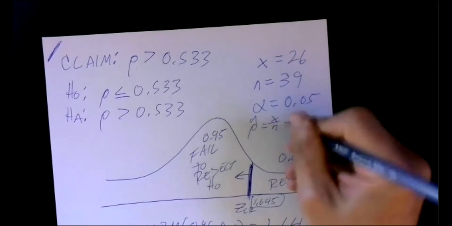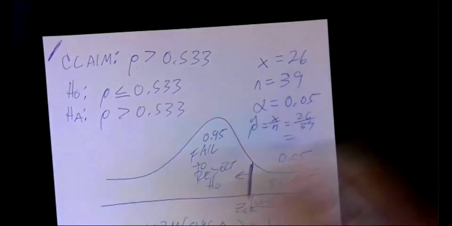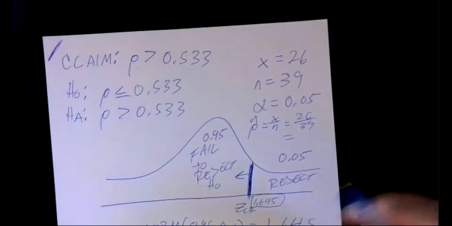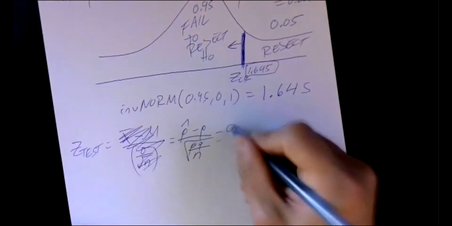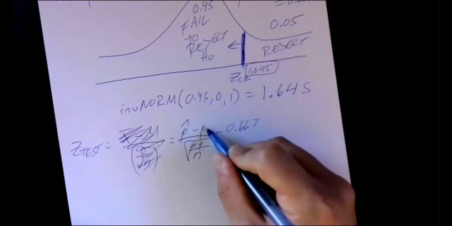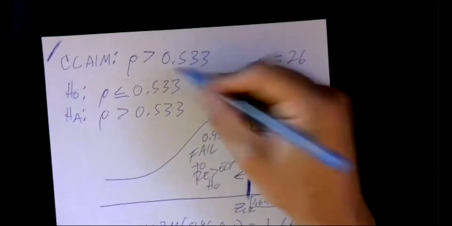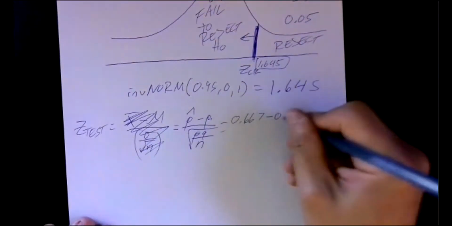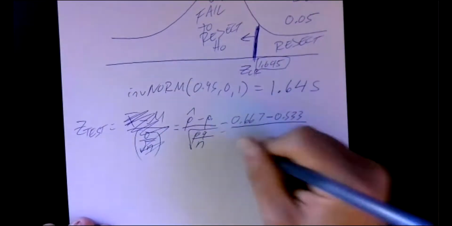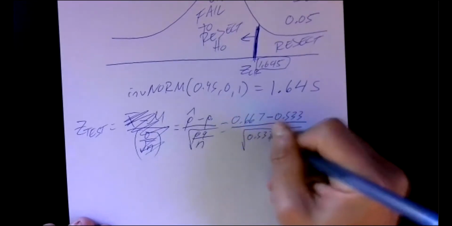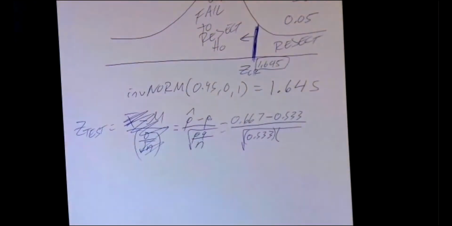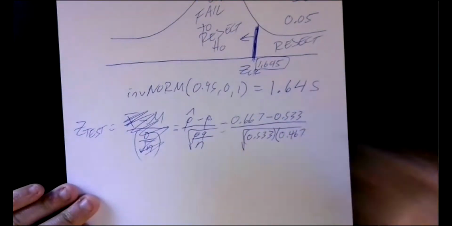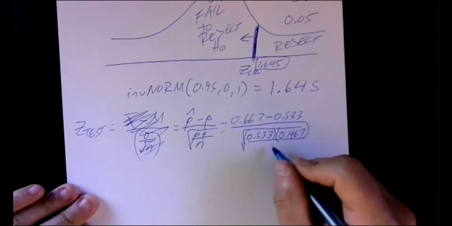It's x over n, or 26 out of 39, which is 0.667. The population proportion is assumed from the claim, which is 0.533. To get q, we do 1 minus 0.533, which is 0.467. N is 39.